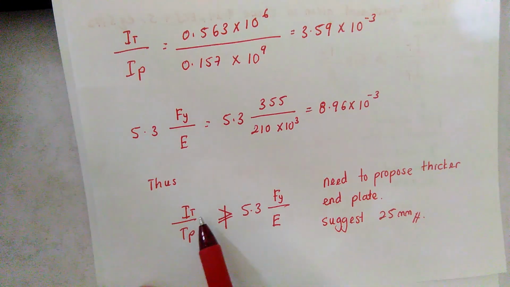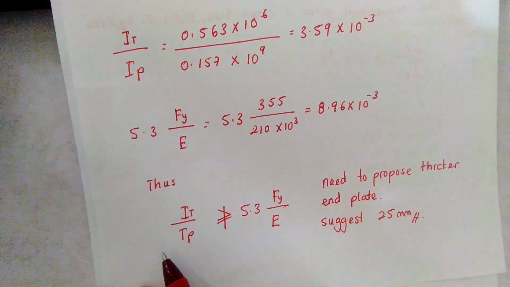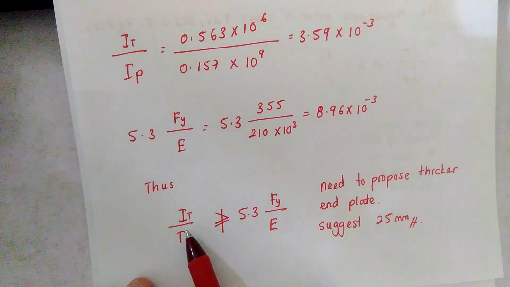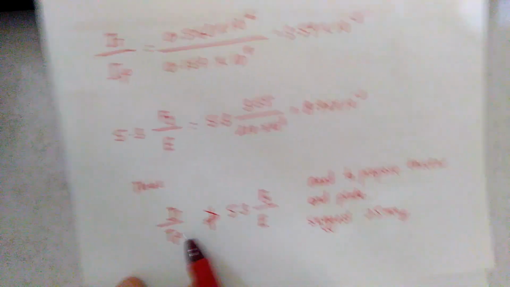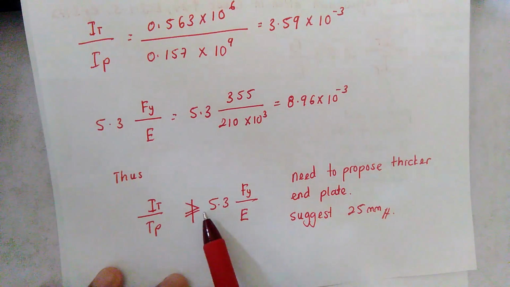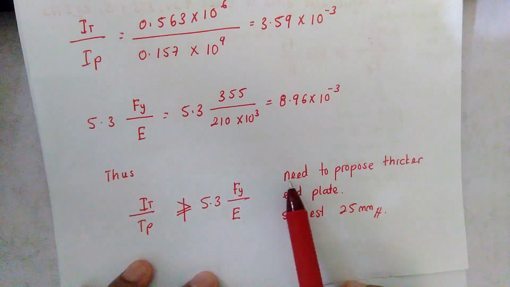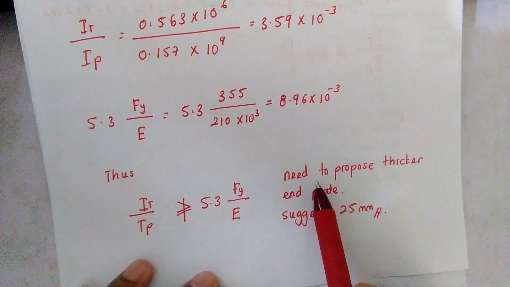So in this particular case, having those transverse web stiffeners at the end, on top of the support reactions, is not enough. Therefore, we suggest that you propose a thicker end plate to avoid lateral torsional buckling at the end of your stiffener.